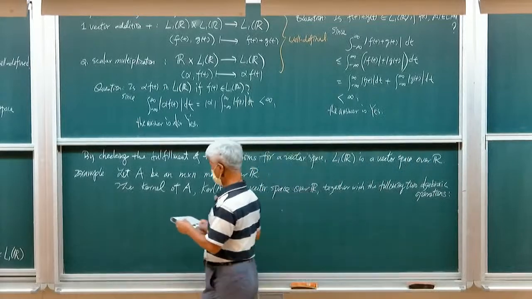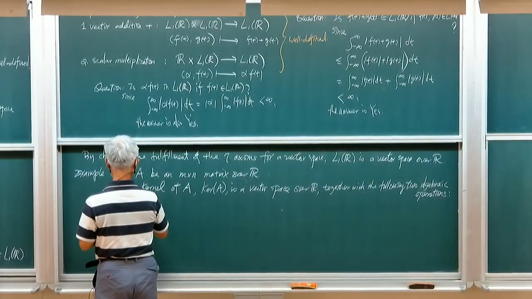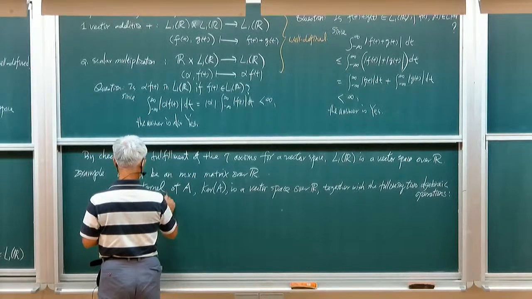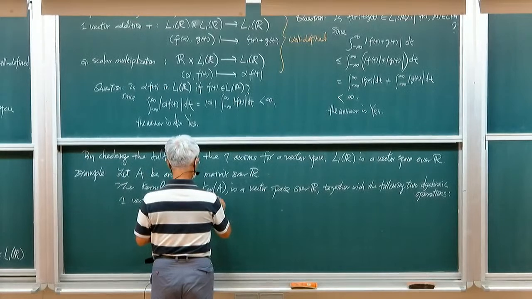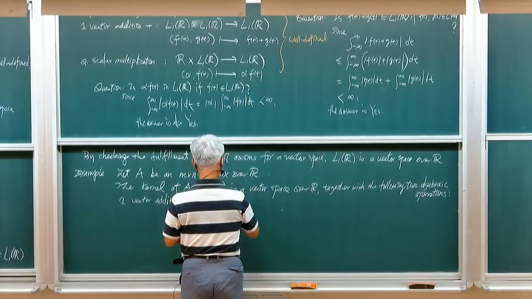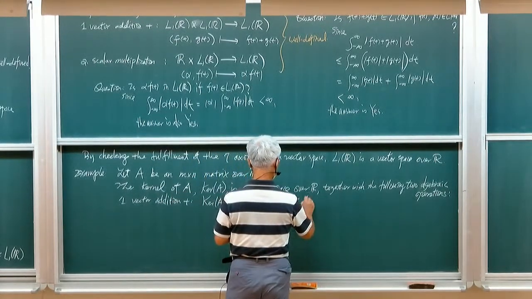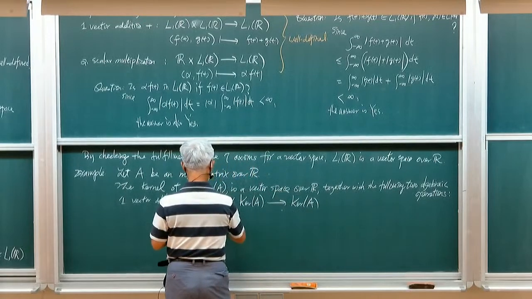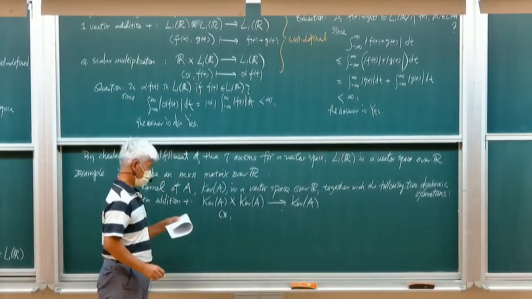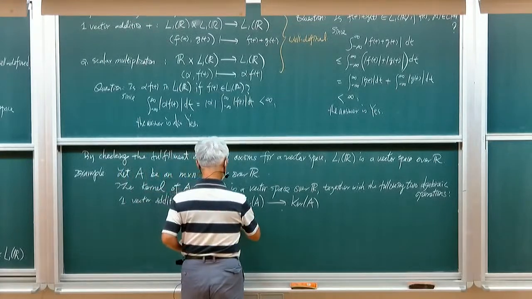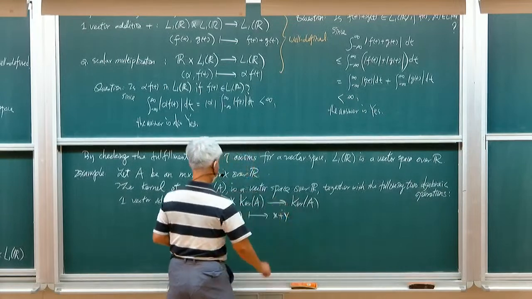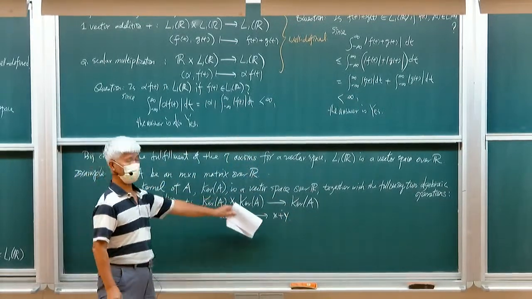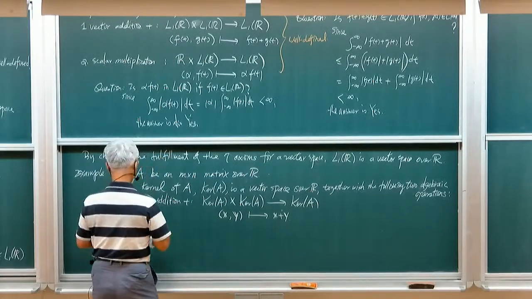First one is vector addition. Kernel A cross kernel A goes to kernel A. We have x, a vector in kernel A, and another vector y in kernel A, going to x plus y, just the ordinary sum of vectors.